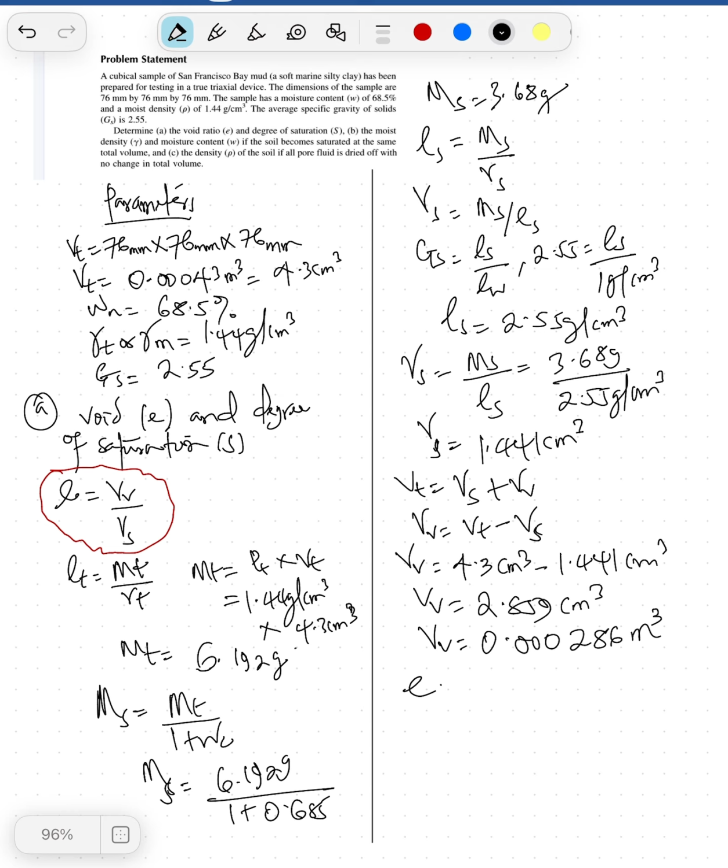Then you can now obtain void ratio as volume of void over volume of solid. Volume of void is 0.000286 meter cube over volume of solid.